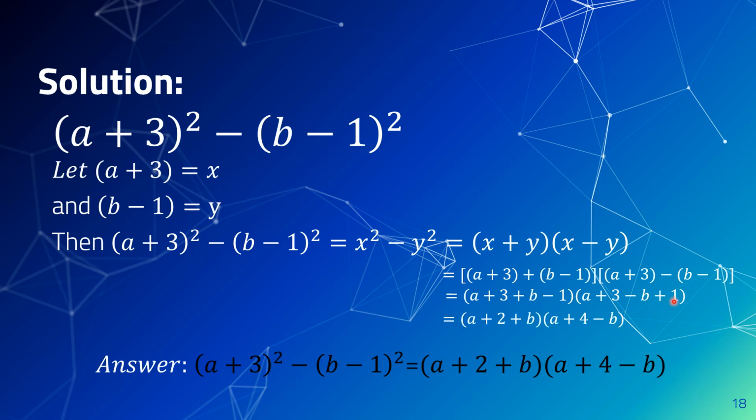So therefore, the factored form for the quantity a plus 3 squared minus the quantity b minus 1 squared is equivalent to the quantity a plus 2 plus b, where 2 comes from 3 minus 1, and we have here the quantity a plus 4 minus b, where 4 comes from 3 plus 1.